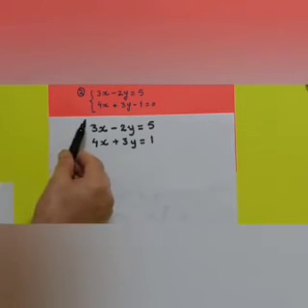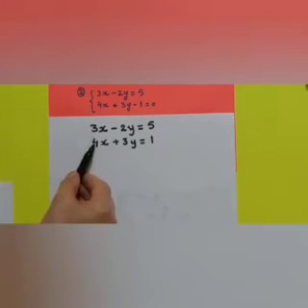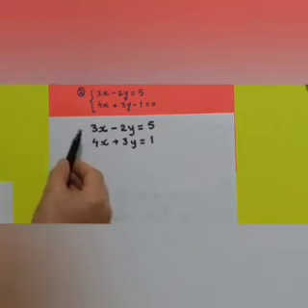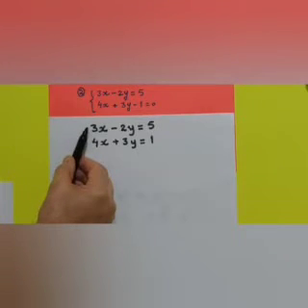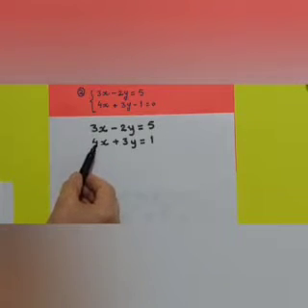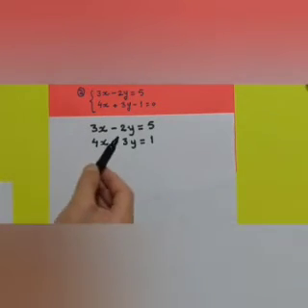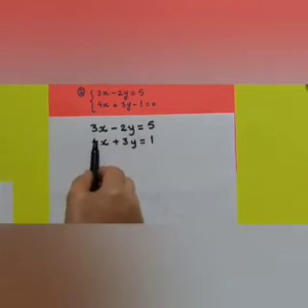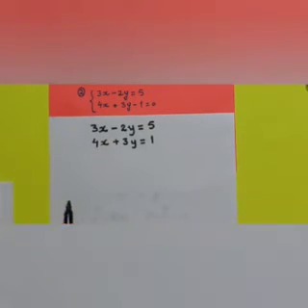If you want to make the coefficients of x equal, that's fine. Just multiply the first equation by 4 to be 12 here, and multiply the second equation by 3 to be here 12 also. So it's your choice. Just focus on one variable.